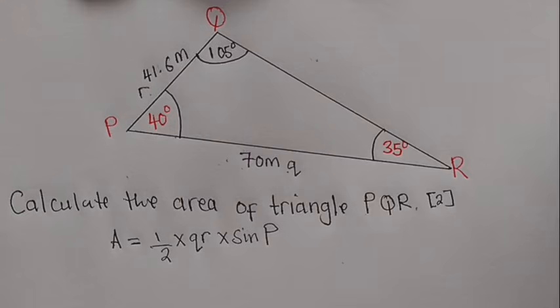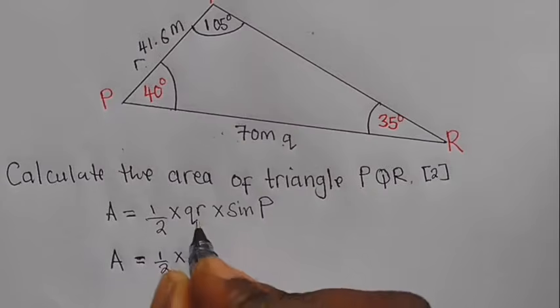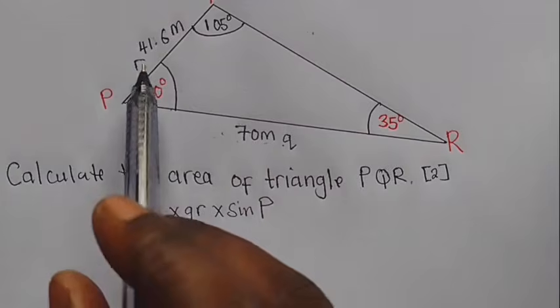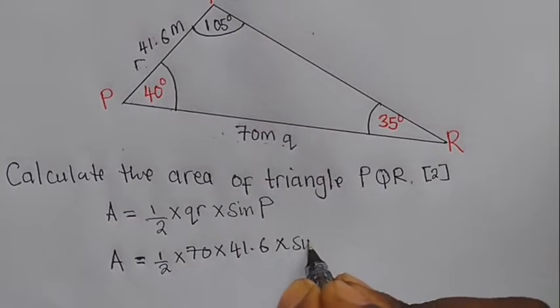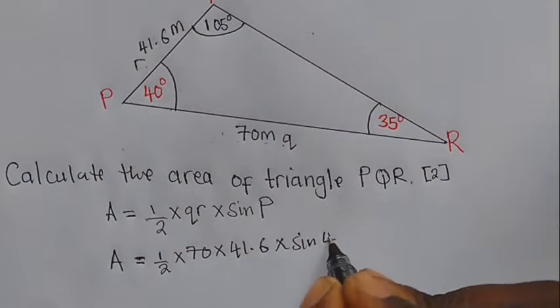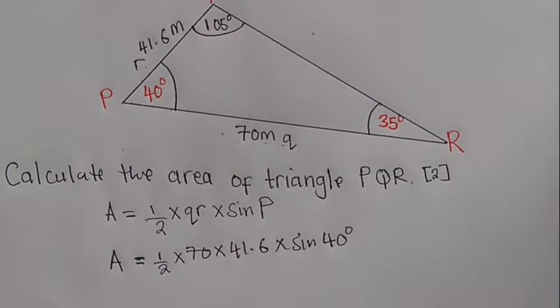I hope you have gotten what I've said. From here, let us just substitute. Area is equal to 1/2 times q, this is the side which is 70, times r, 41.6, then times sine 40 degrees, meaning sine P, the angle at P right here, which is 40 degrees.